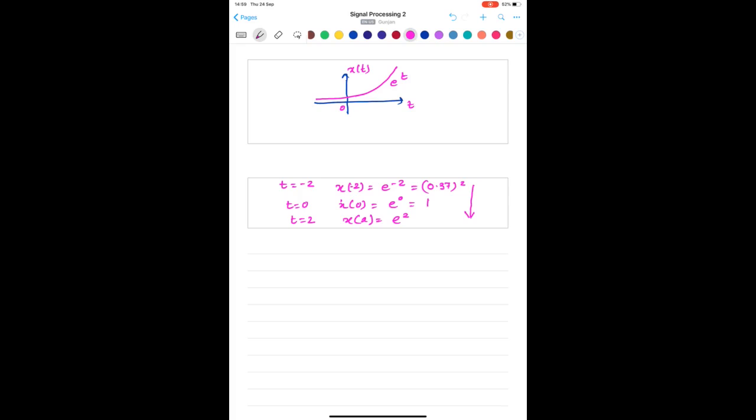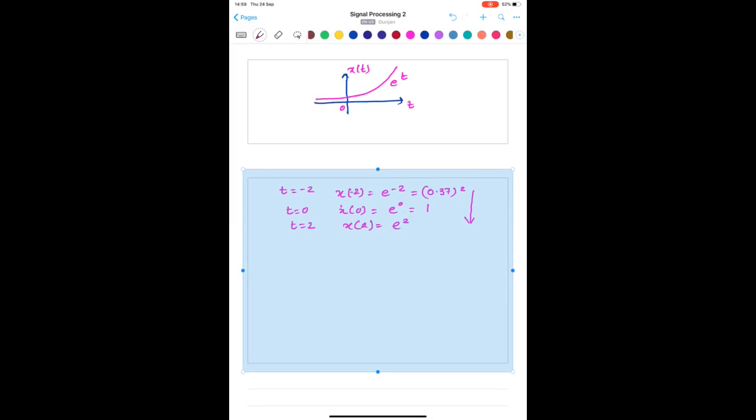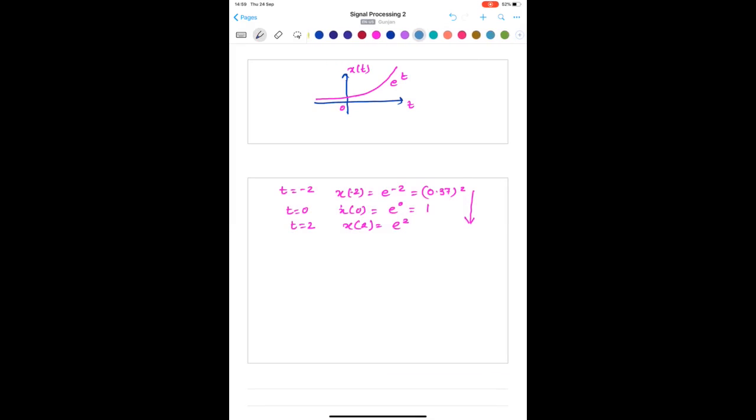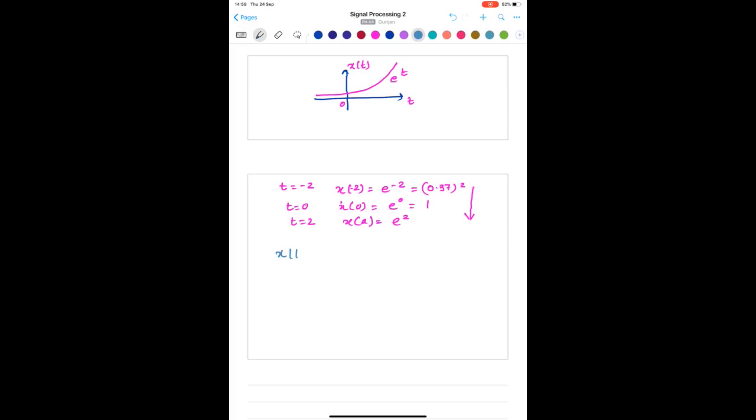The next possible format of this signal is if it is written in this way, that x of t equals e raised to the power t u of t, or it is written as e raised to the power minus t u of t.